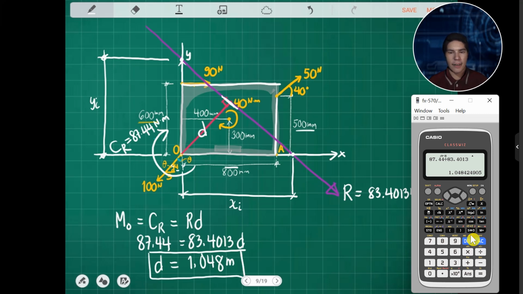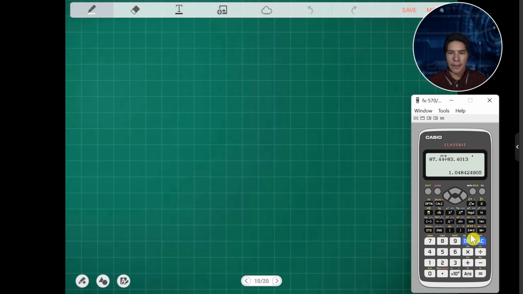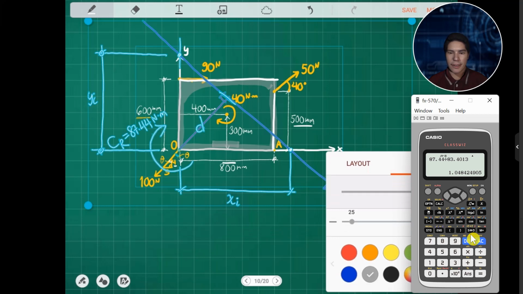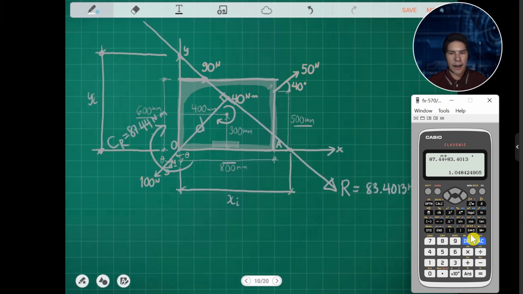Okay, so how about the x and y intercept? Considering the x and y intercept, let me copy and paste it here, and delete what we don't need in the properties. So what we will look at is this part. We want to get the x-intercept, so we should have a force perpendicular here. To do that, we have the resultant R, 83.4013 Newton.